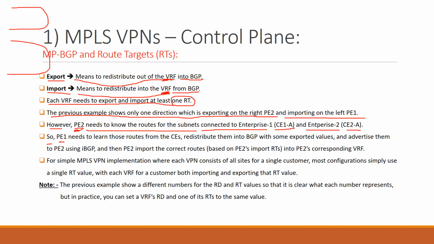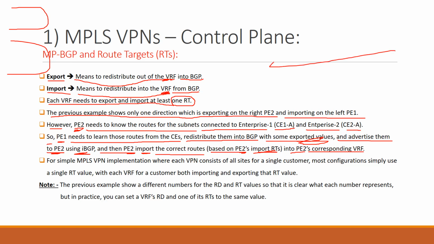So PE1 needs to learn those routes from the customer edges, redistribute them into BGP with some exported route target values, and advertise them to provider edge 2 using iBGP, and then provider edge 2 imports the correct routes based on its import route targets into the corresponding VRF.